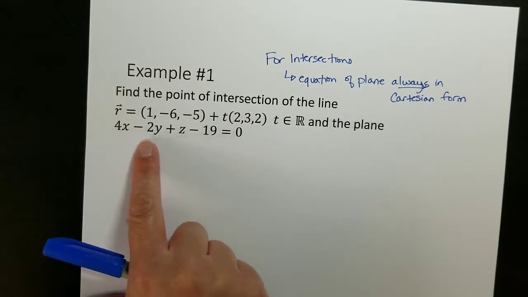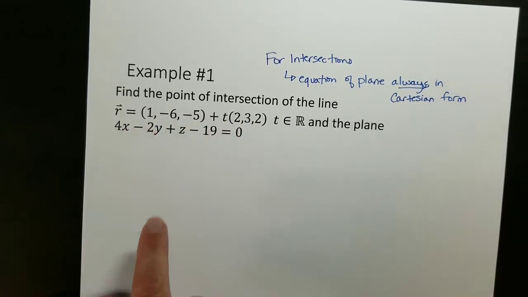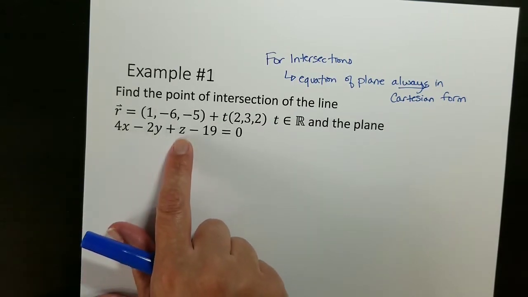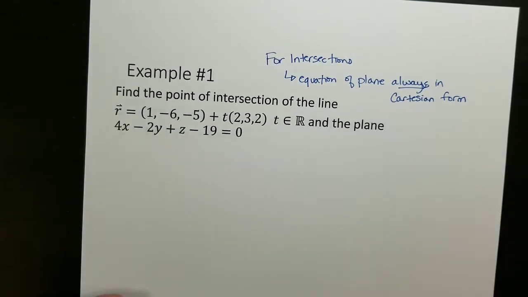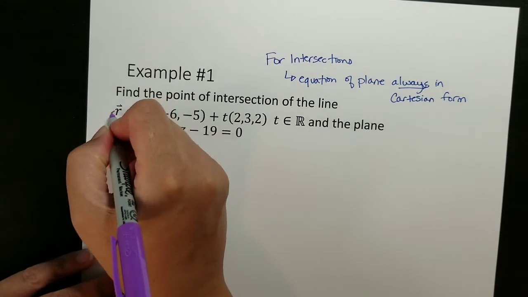There isn't an equation of a line that can look like this, that we would be able to do some sort of elimination with, but there is a form of a line that we could substitute in for the x, the y, and the z. And that would be the parametric form of the equation of the line. So I'm going to take that equation of the line and convert it to parametric.